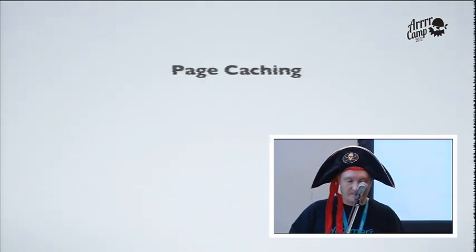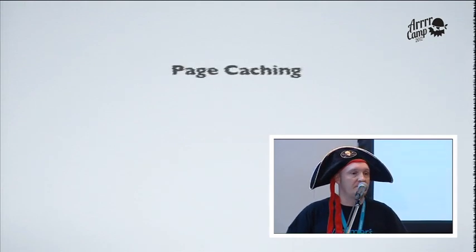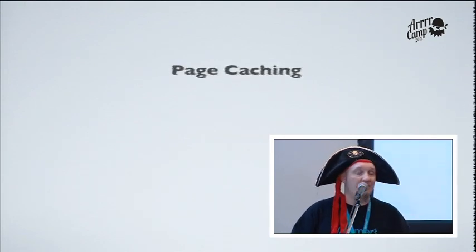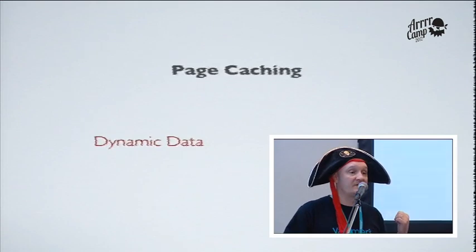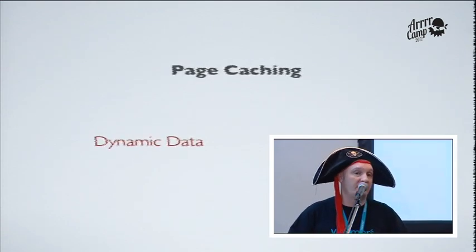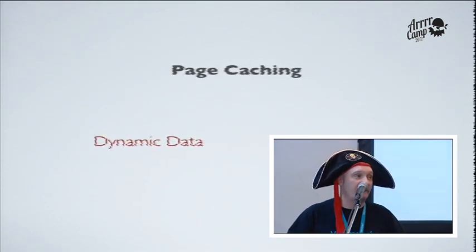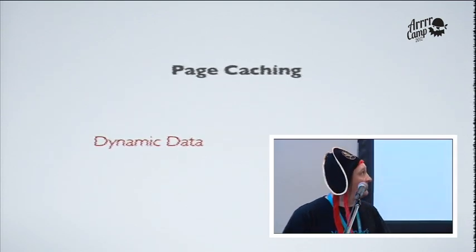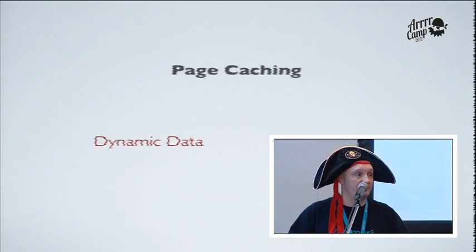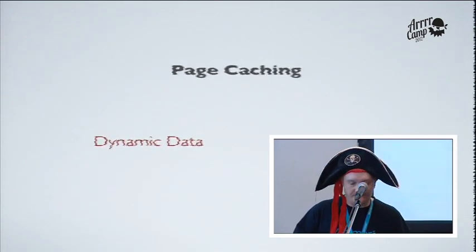So let's go through them. First, you can use page caching. Page caching works well for static stuff. It doesn't work for dynamic data, and we believe in a Rails application, most of our stuff is dynamic. It doesn't work either for authentication stuff. So let's forget about page caching.